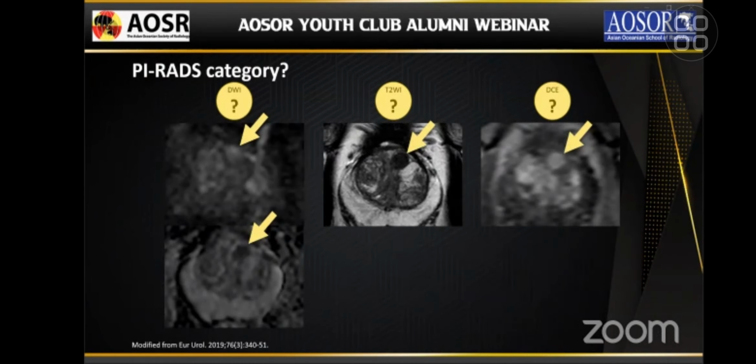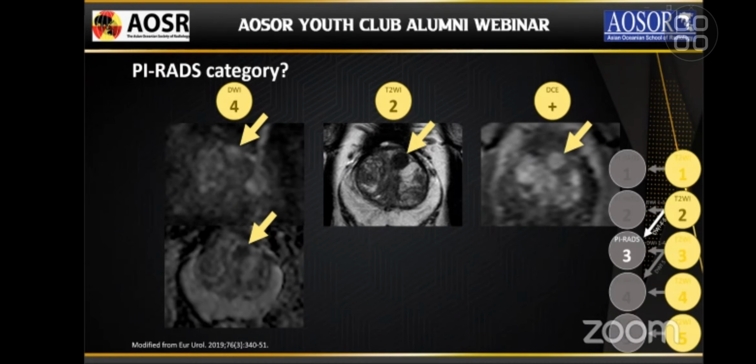This is the last case of TZ lesions. T2WI shows a homogeneous hypointense partially encapsulated nodule, which is considered an atypical nodule. DWI and ADC map show marked restricted diffusion, and DCE shows early contrast enhancement.